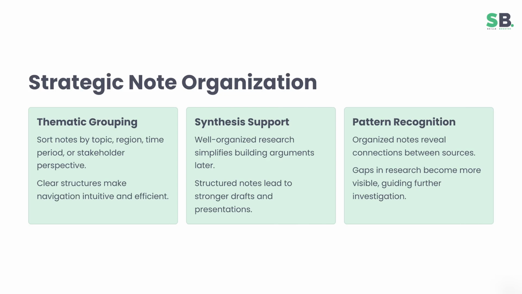If you're conducting comparative research, for instance, you might group notes by region, by time period, or by stakeholder perspective. This kind of thematic sorting not only improves navigation, it also supports synthesis later on. The clearer your structure is during research, the easier it is to build arguments, write drafts, or design presentations down the line.